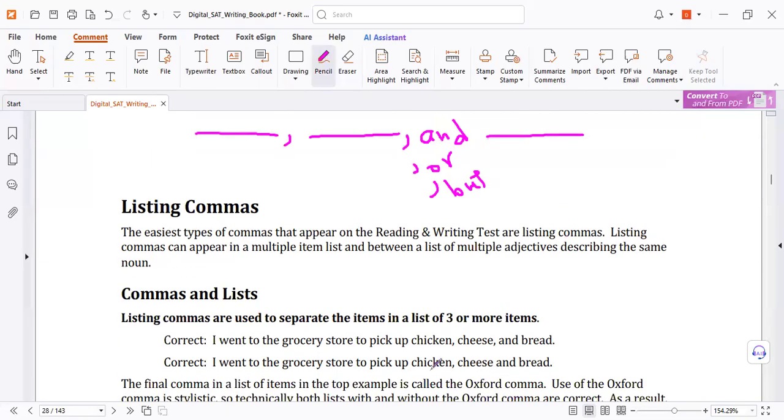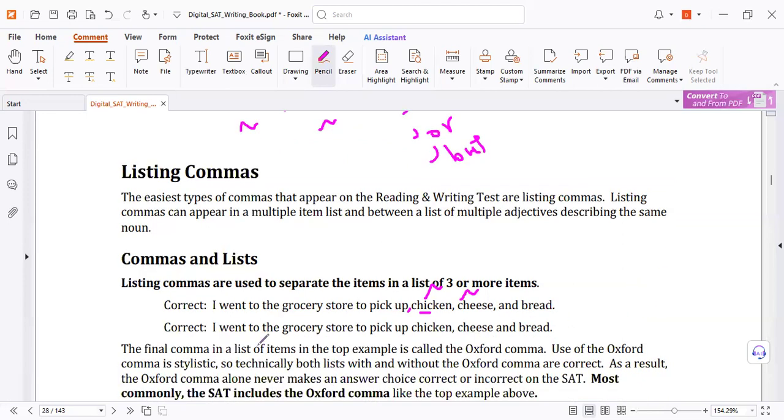Let's check. I went to the grocery store to pick up chicken. Then comma. But remember the comma after the noun. Look, noun, not before. Some common mistakes in the test: we have a comma before again. Wrong. Noun, comma. I check all the nouns, yes. But here, look, noun, no comma.